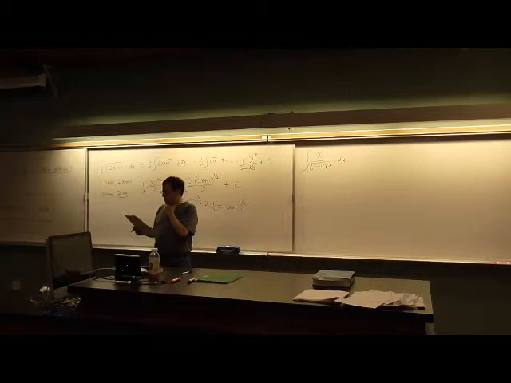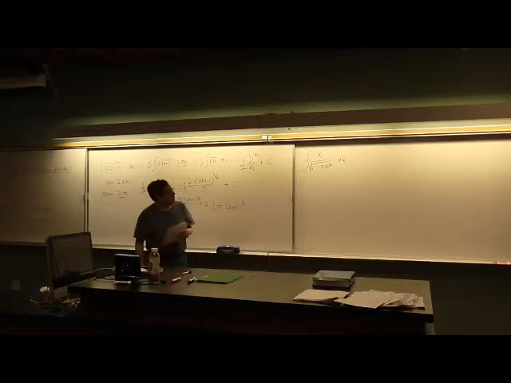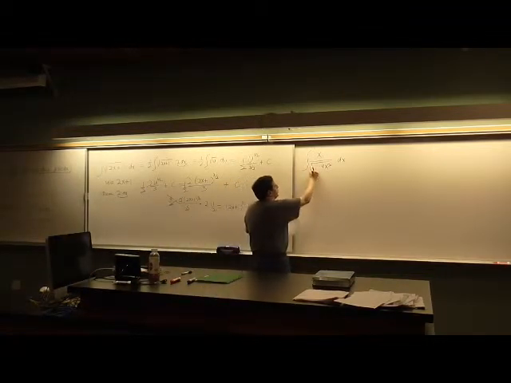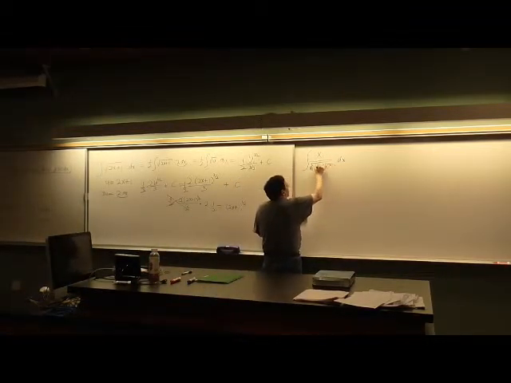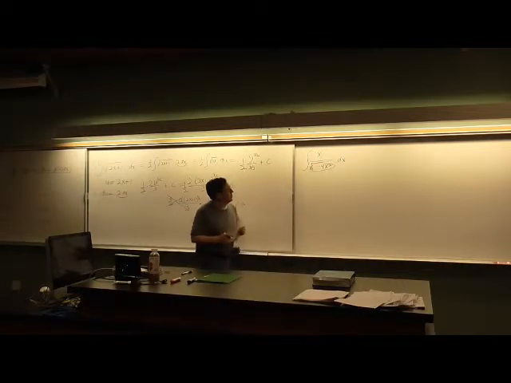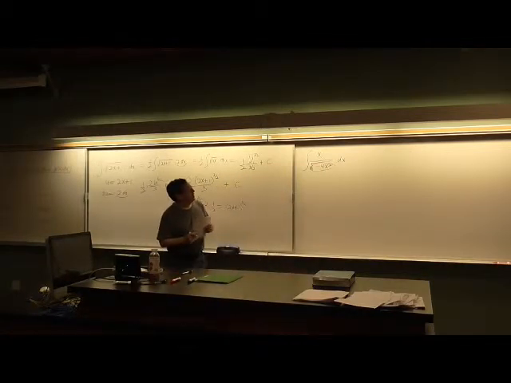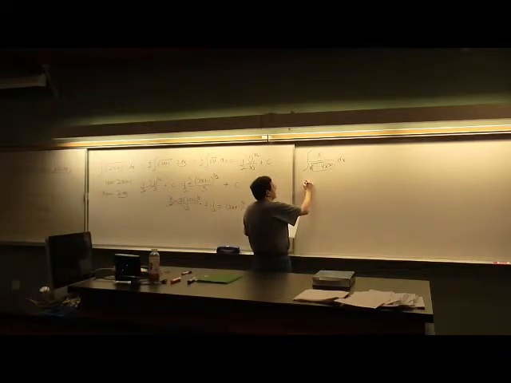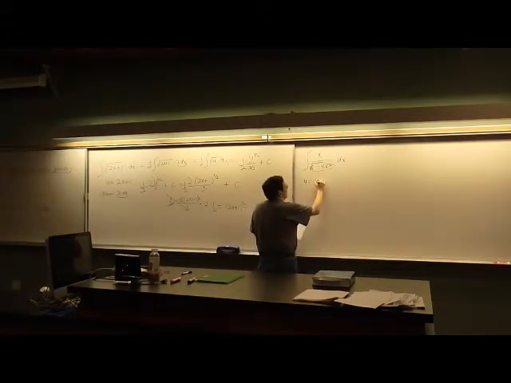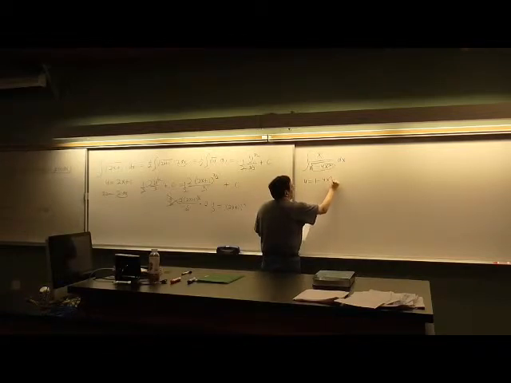What might you think might be a good substitution here? Whenever you see something like this under the square root, that's a suggestion, right? Let's go ahead and try that. Let's set u equal to 1 minus 4x squared.